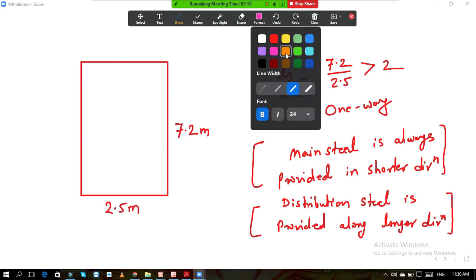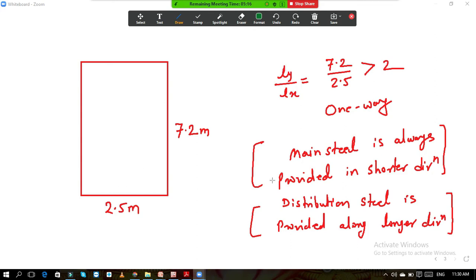See, if we design, then our main steel is always provided in the shorter direction. You provide the main steel in only one direction. Your main steel is provided along the shorter direction. So this 2.5 meter is your shorter direction, and this 7.2 meter is your longer direction. So main steel is always provided along the shorter direction.